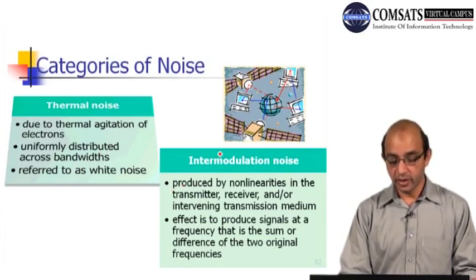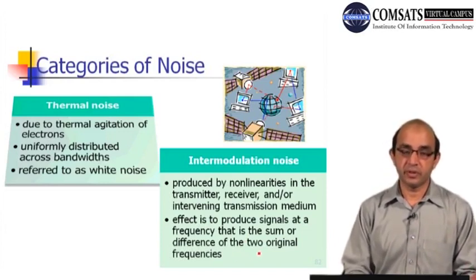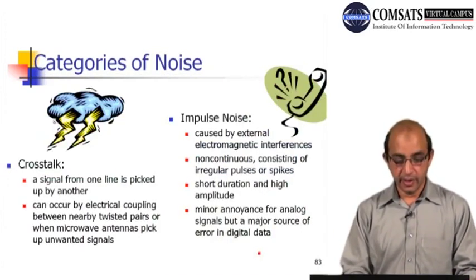Then we can also have intermodulation noise, produced by non-linearities in the transmitter, receiver, and/or intervening transmission medium. The effect is to produce signals at a frequency that is the sum or difference of the two original frequencies. When we talk about a signal, it is actually composed of different frequency components.